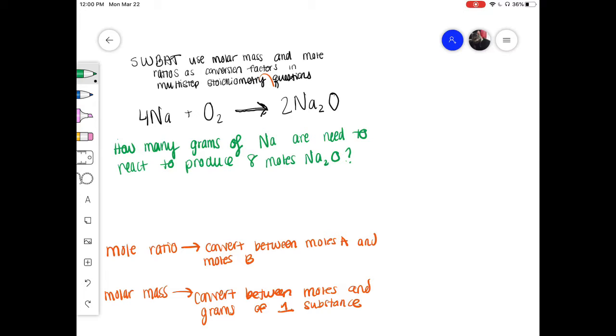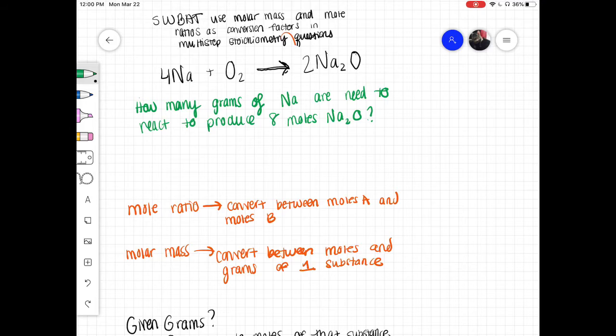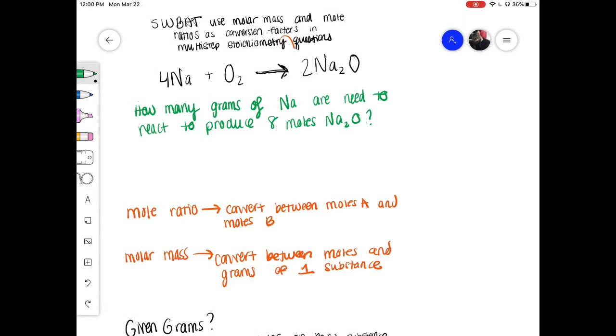So normally if we were just going from moles of one substance to moles of a different substance, we could just use our mole ratio, because our mole ratio helps us convert between moles of A and moles of B. That's how we go from one substance to a different one. But our molar mass is how we get between grams and moles.